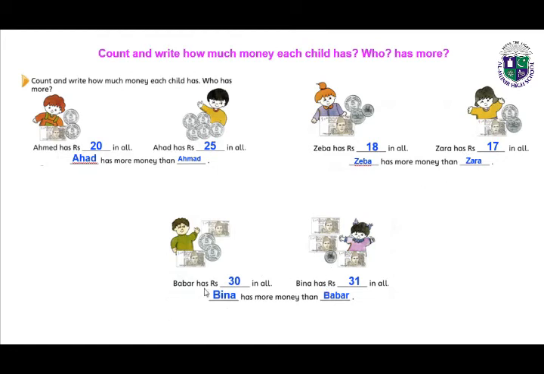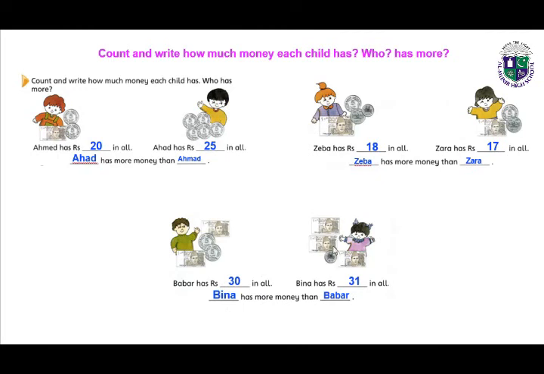And Babar has two 10 rupees notes and two 5 rupee coins. So 10 and 10 is 20, if we add 5 to 20 it is 25, and when we add 5 more to 25 it becomes 30. So Babar has 30 rupees in all, and Bina has three 10 rupees bank notes and one 1 rupee coin.